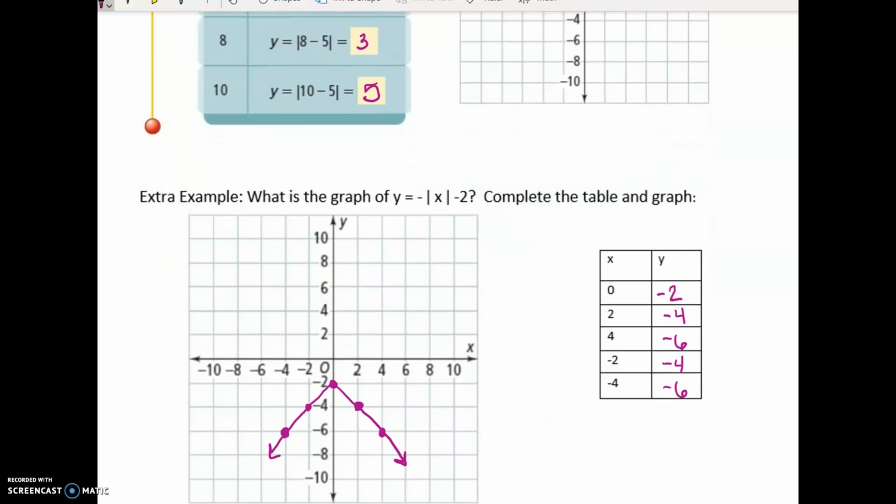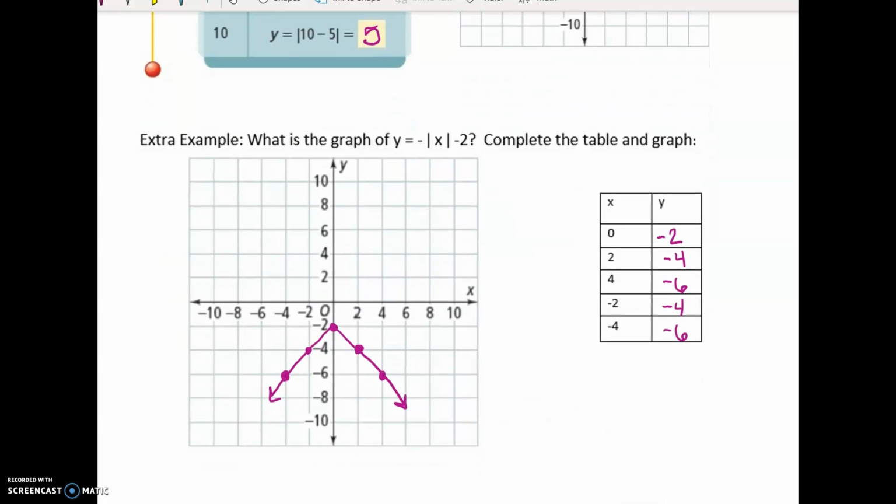Now, we added an extra example because they don't do a great job with providing you guys with a lot of examples that have the negative in front of the absolute value. So just remember that negative changes your function, so it would open down rather than up.